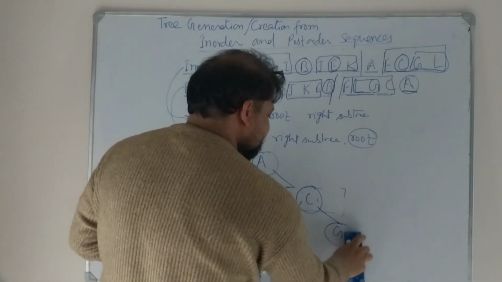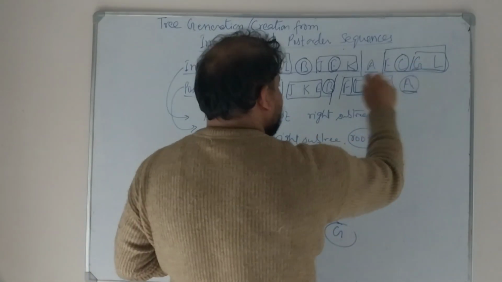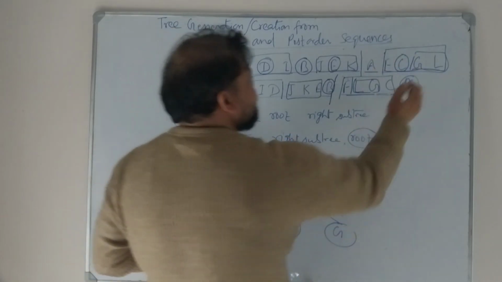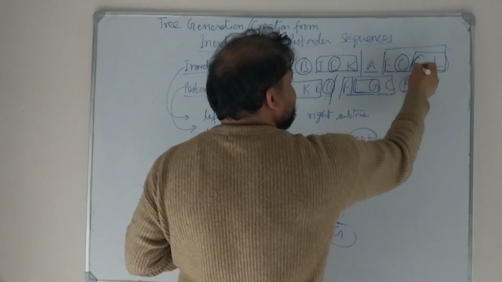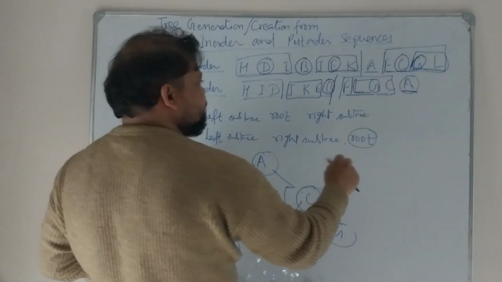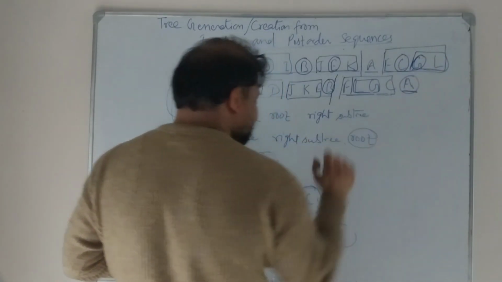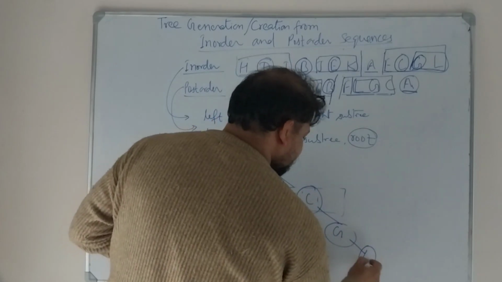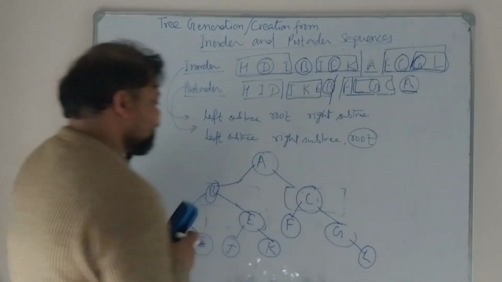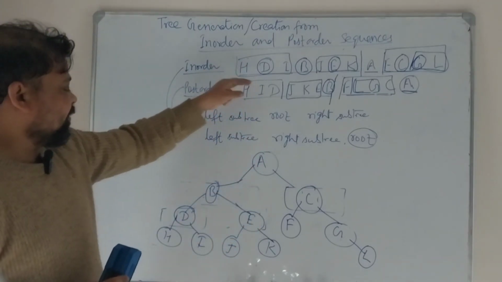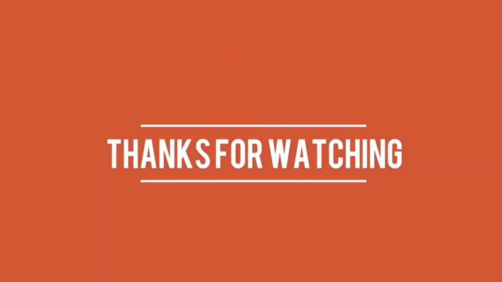Now I'll find the position of G in the in-order. In this G L, G is here. On the left-hand side of G there is nothing, but on the right-hand side there is one element, L. So I'll put that on the right-hand side of the tree, and that is the resultant tree of the given sequences. That's all for this video.